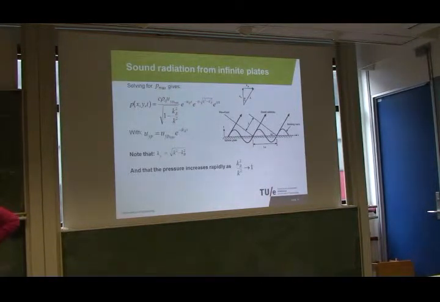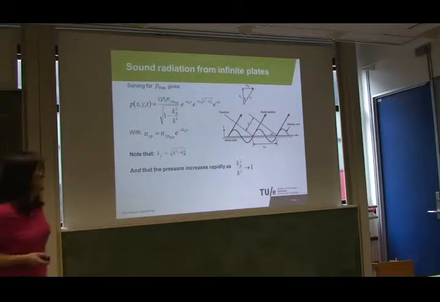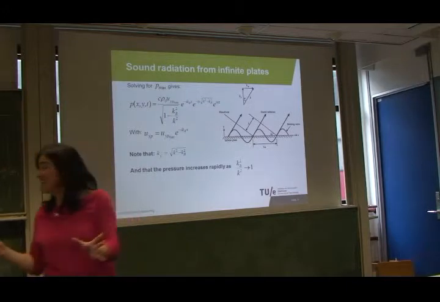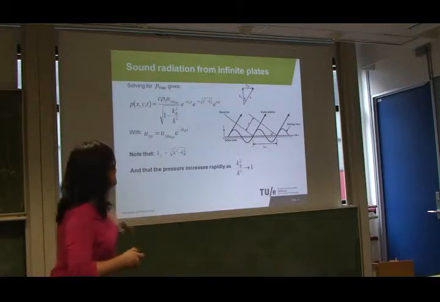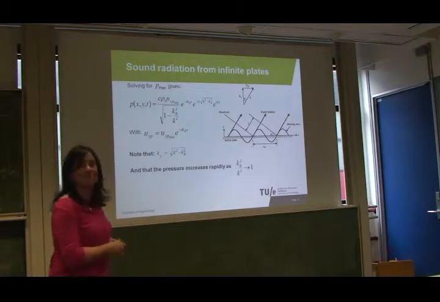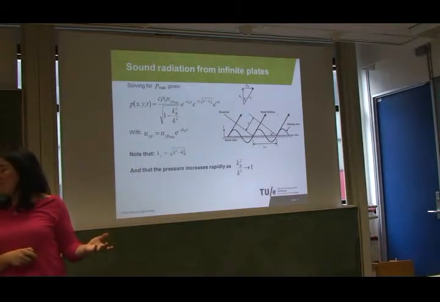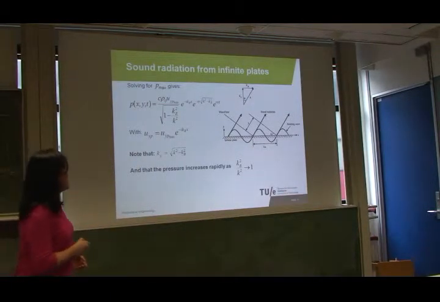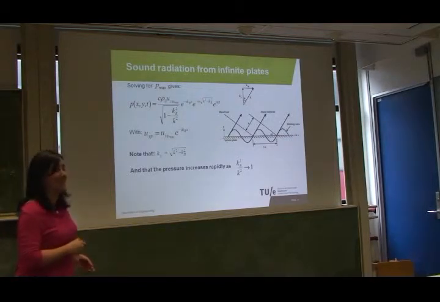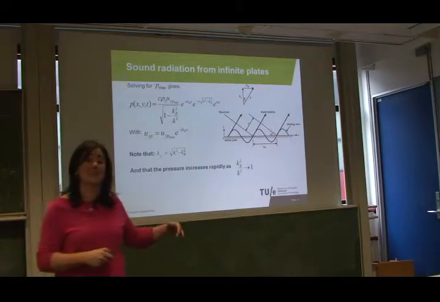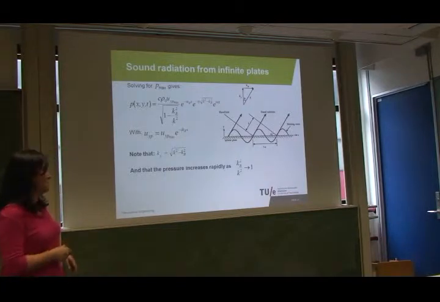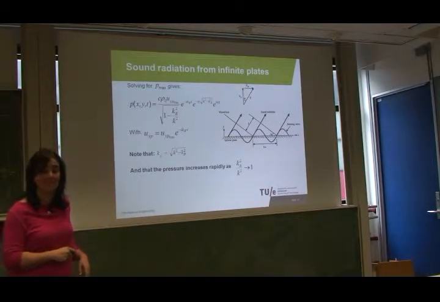Anyway, you choose in a way that when you go away from the plate, the waves decay. That is the choice you make for the sign. So this exponential becomes a decaying exponential for positive y.